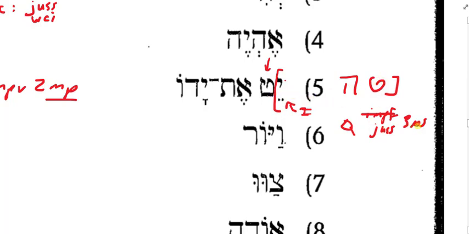Let him nata, extend or stretch out, et yado, his hand. That's right. So let him stretch out his hand. May he stretch out his hand. Okay? Boy, that was so easy. Give me another one. No, that's tough. All right. Others?